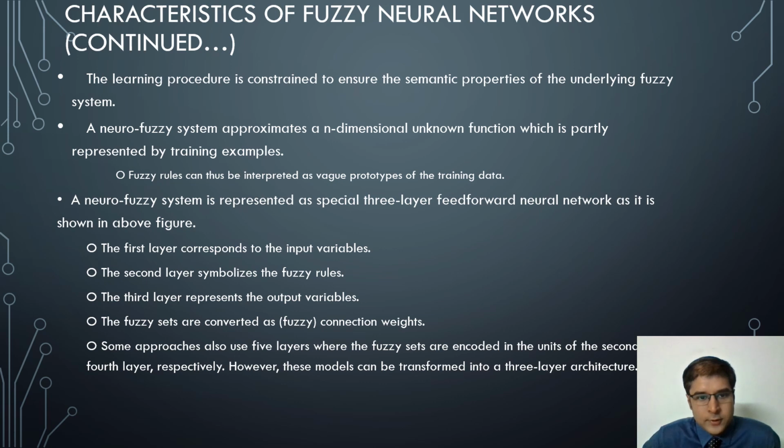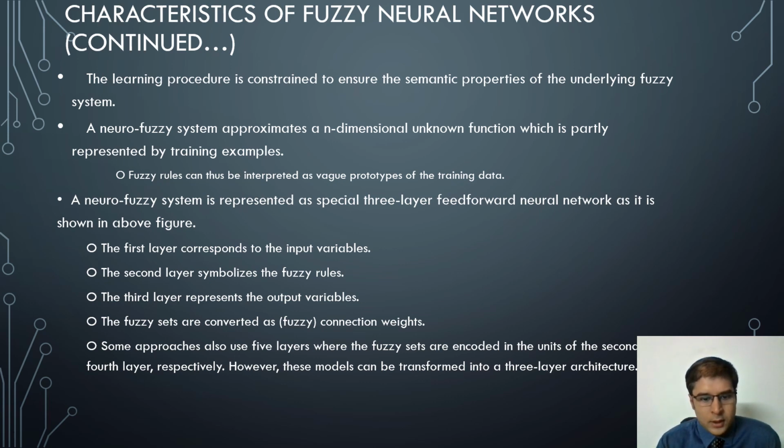The learning procedure is constrained to ensure the semantic properties of the underlying fuzzy system. A neuro-fuzzy system approximates an n-dimensional unknown function which is partly represented by training examples. Fuzzy rules can thus be interpreted as vague prototypes of the training data.